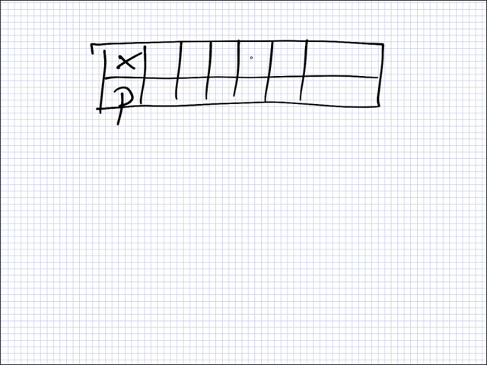So let's say we have 1, 2, 3, 4, 5, 6, and I tell you that this is 0.2, 0.2, that's a 0.1.